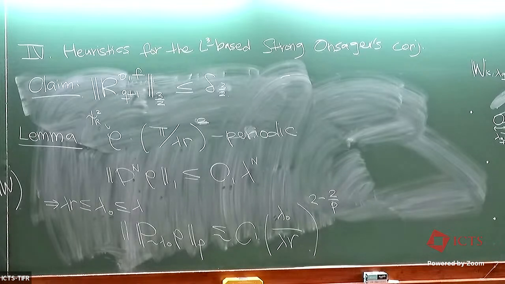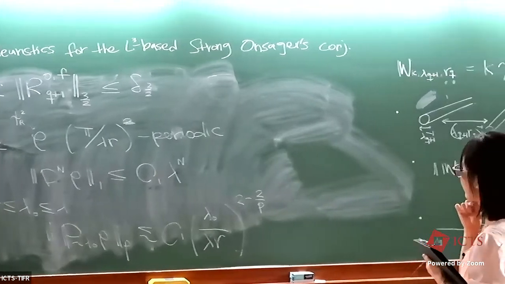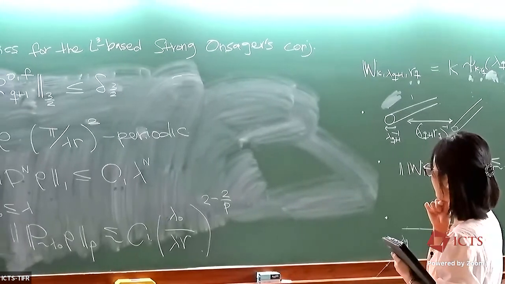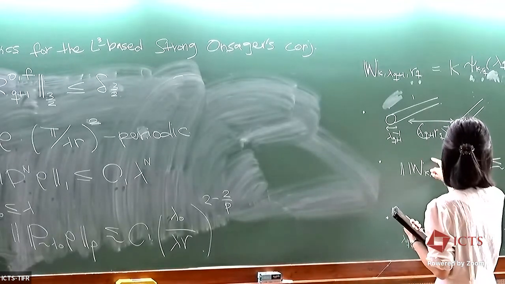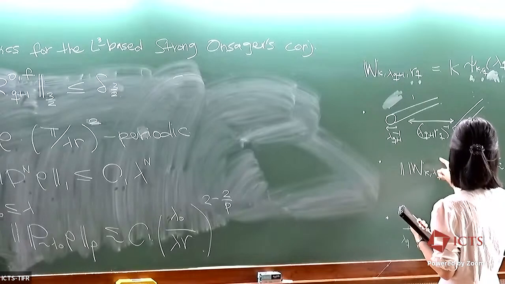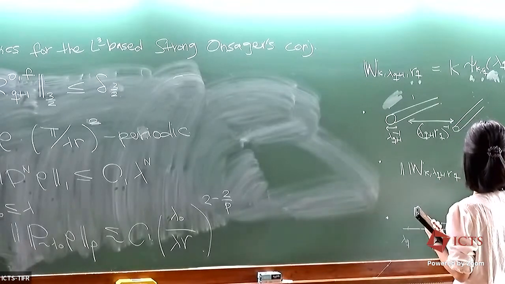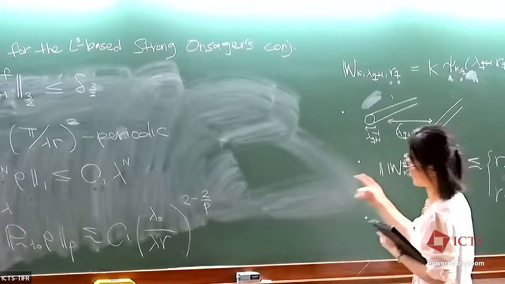I think this should be correct. And then, okay, so I'm applying for the squared one. So it's actually 2p and squared. And then the size will match.